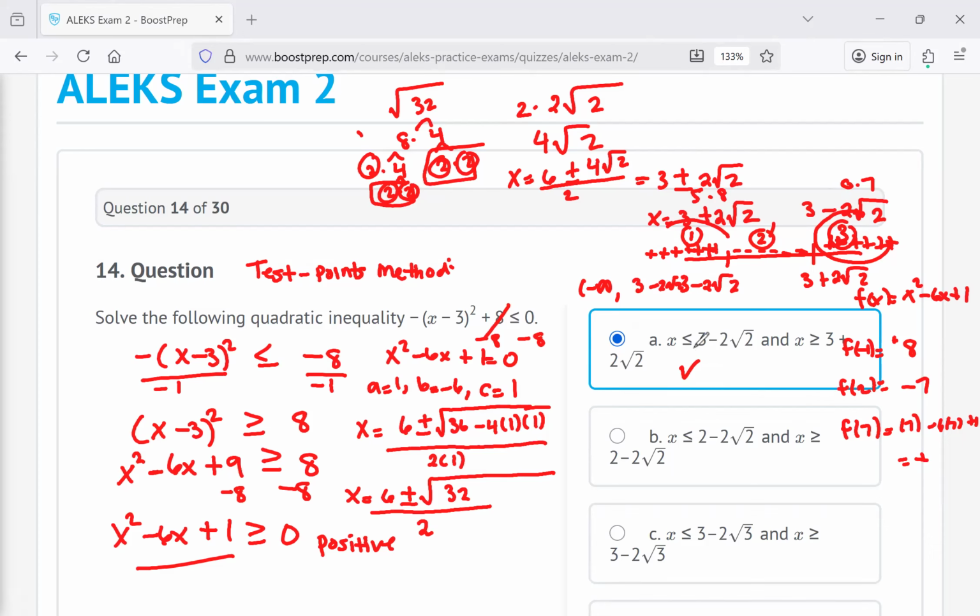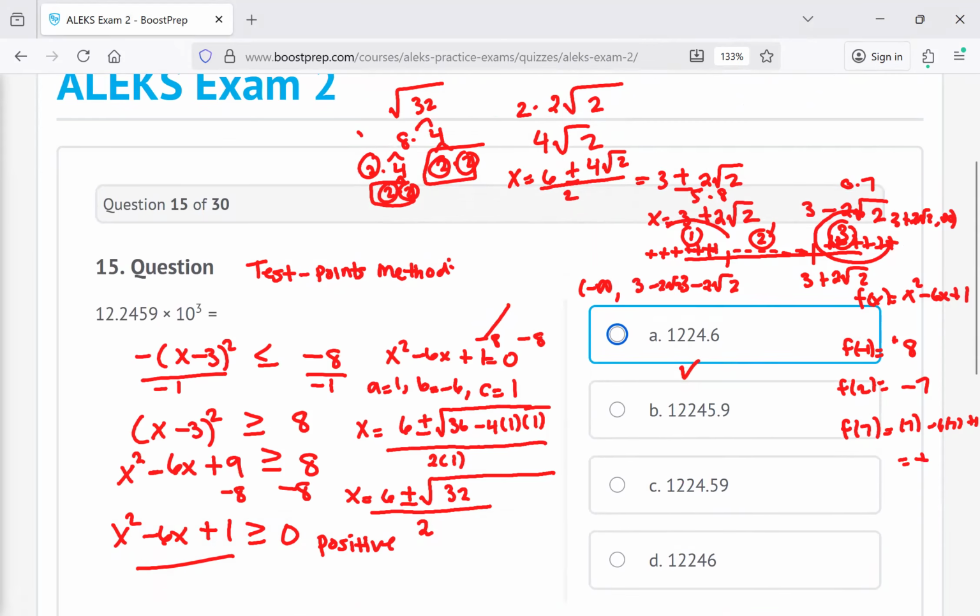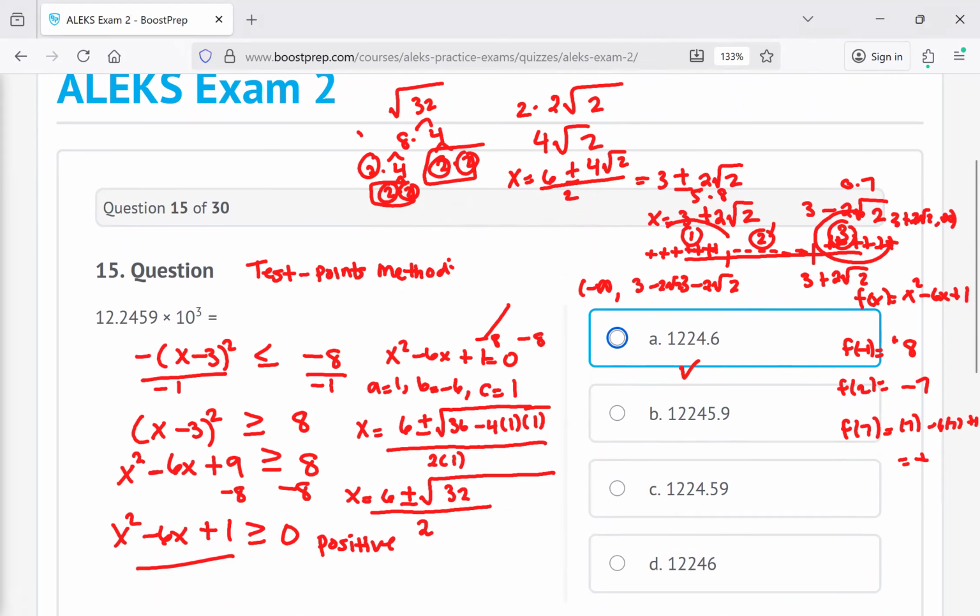X is less than or equal to 3 minus 2 radical 2. And then if you put region 3 in interval notation, it's basically 3 plus 2 radical 2 comma infinity. So yeah, that was a difficult one, huh? Yeah, it took some time.